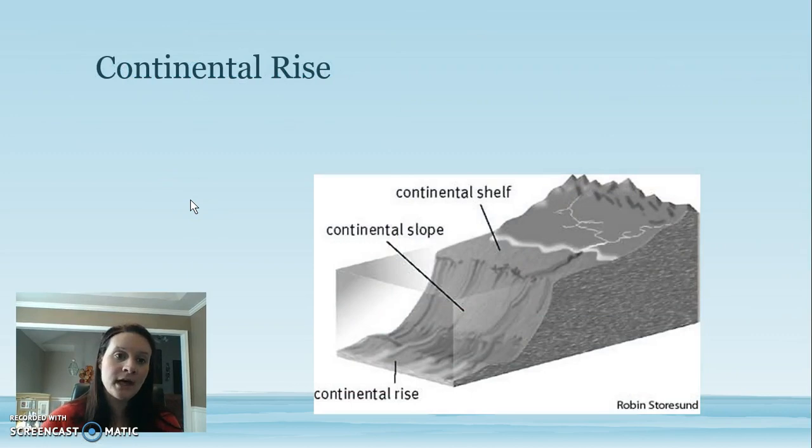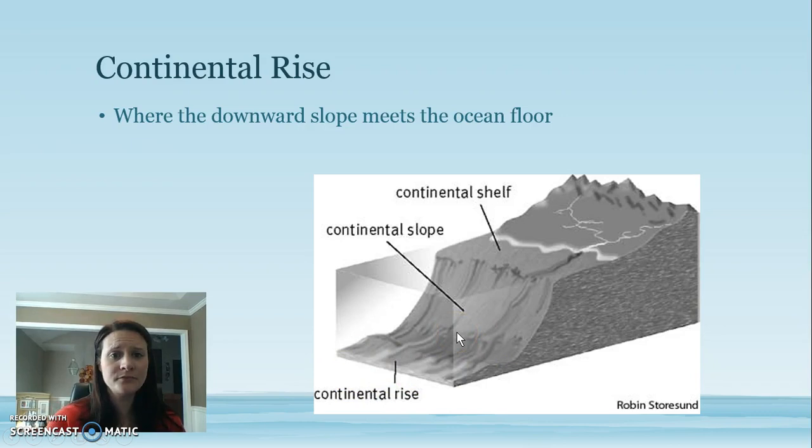If you keep going down, you're going to be on the continental rise. The continental rise is the last step of that continental margin region of the land connecting to the ocean floor. This is where a lot of the downward slope meets the ocean floor. It's that connecting point.